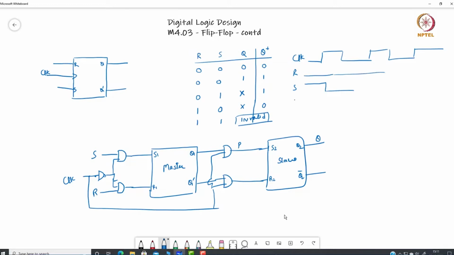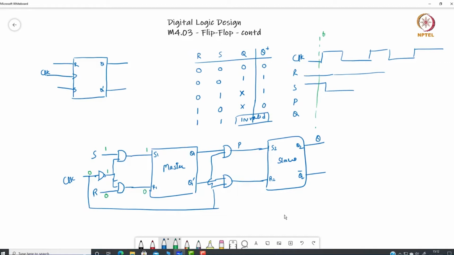Then we can see the value of P as well as Q. Let us consider some point in time, slightly before the positive edge. This is time T1. At time T1 the clock value is 0, so the inverted clock value is going to be 1, and at that time my R is 0 and S is 1, correct. So at this time, because S is 1 and the inverted clock is 1, this will become 1 and this will become 0.